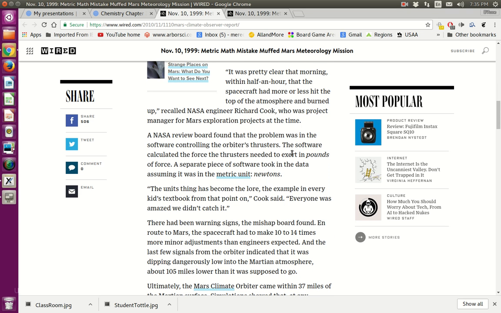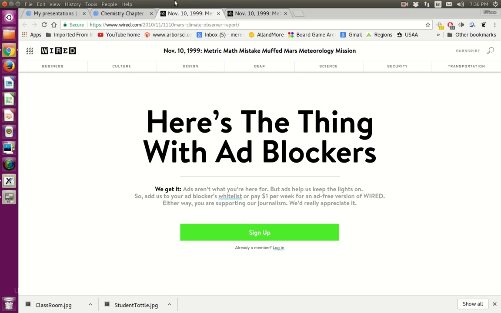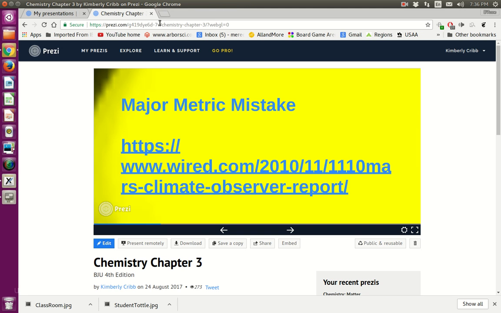And it's because the software calculated the force the thrusters needed to exert in pounds. But the other parts of it were using metric units. And so because they did not correspond, the math didn't work, and they caused major problems. It cost millions of dollars in a mistake because they didn't have all the units in metric. Some of them were in pounds and some of them weren't.